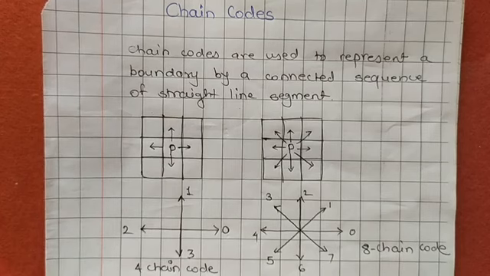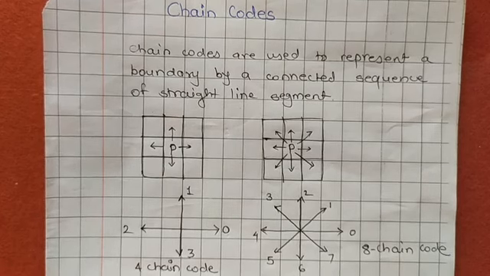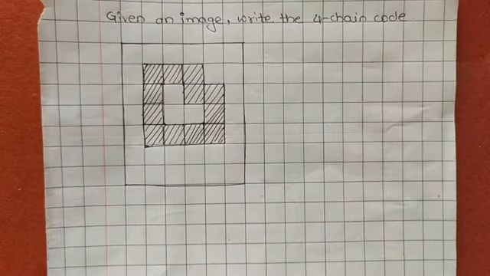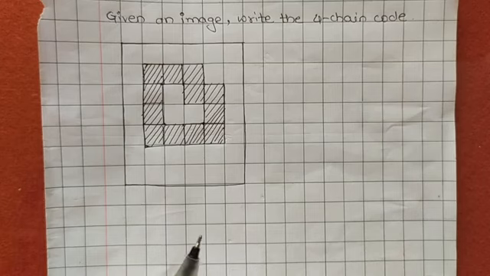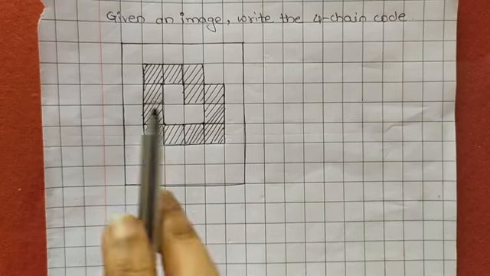Now let's see one example based on this 4 chain code. Here one image is given and we have to write the 4 chain code. For this, first of all we have to take an arbitrary point or pixel from the given image to detect the edge.